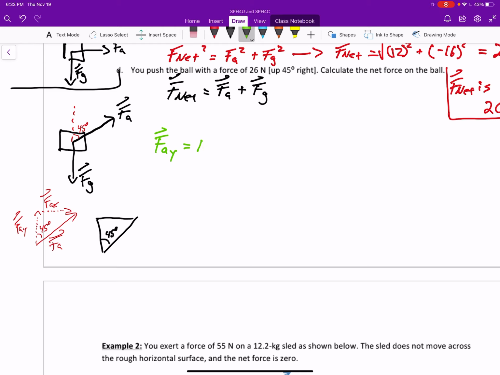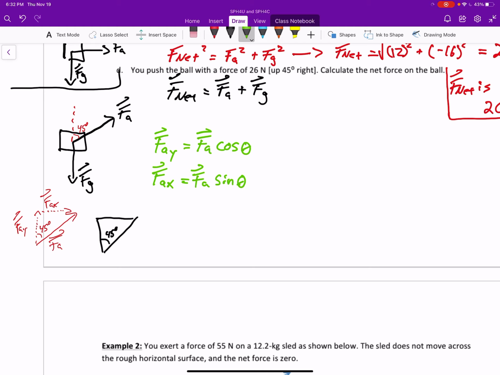So that will be the applied force scaled by cosine theta. And then the force that's applied acting in the x direction will be equal to the applied force modified by the sine of theta. So these are both applied forces, but we're just splitting up the total thing there. Okay, so we have expressions for each of those.